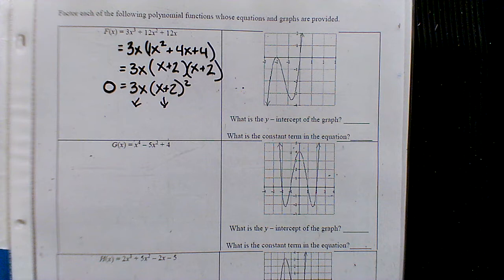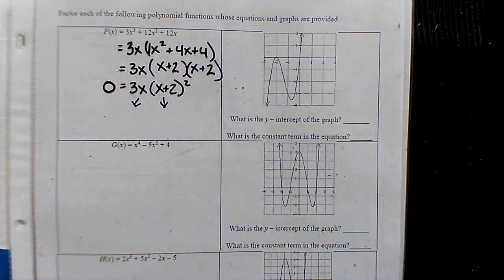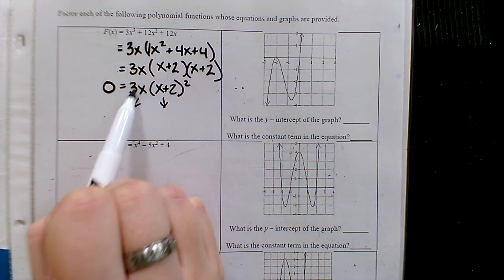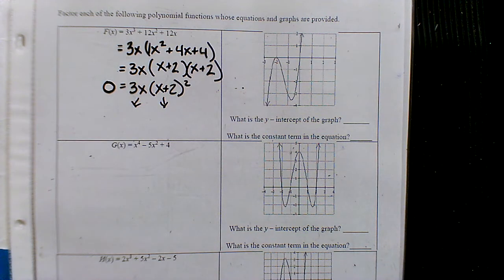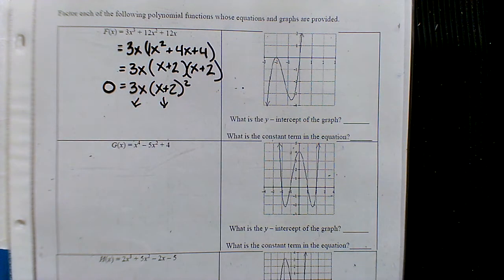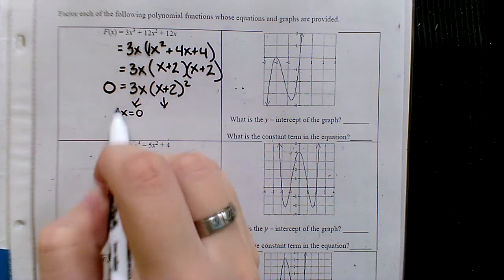The x-intercepts. Okay, so if these factors equal 0, which is typically what we want the equation to be when we're factoring, if we look at the first factor of 3x, what would the x value have to be to get that factor to be 0? 3 times what number would give you 0? Yeah, 0. So this x solution would be 0.